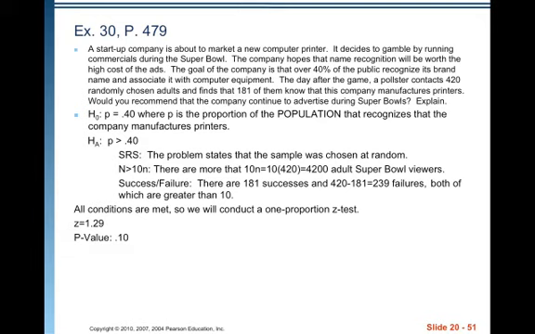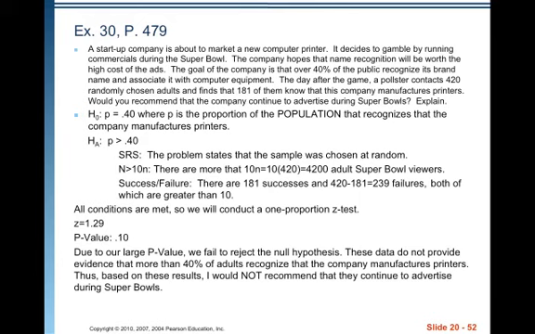All right, so we get out our calculator, we go to stats, we go to the hypothesis test portion, we pick one proportion Z test, and we put in our information, and we get Z equals 1.29, and we get a p-value of 0.1. Now that's just really on the bubble there. I would consider that large.